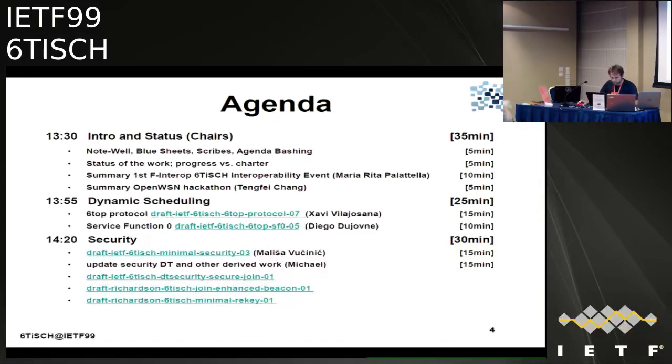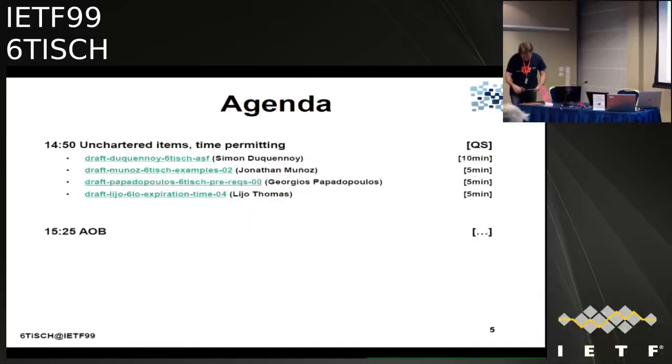And then we'll dig into the security work. There will be 2 main items. Malisha will talk about the minimal security, which is a mostly done piece of work. And then Michael will come and present to us the status of the design team, and maybe if you can address a little bit the 3 drafts here, Michael. And then, time permitting, we'll use the rest of our time for those drafts.